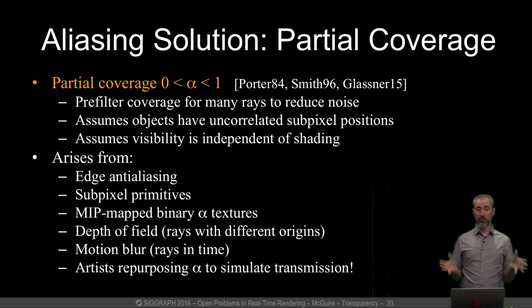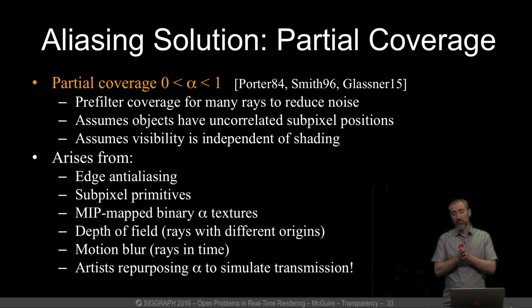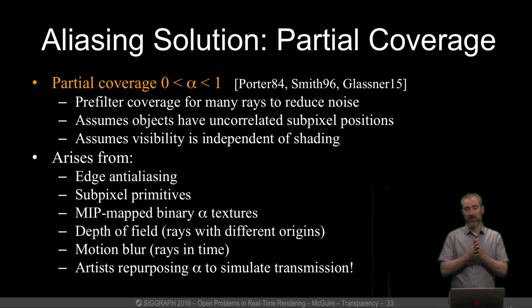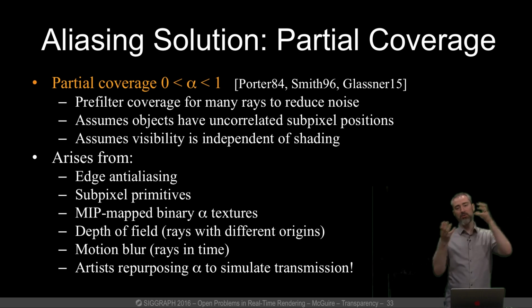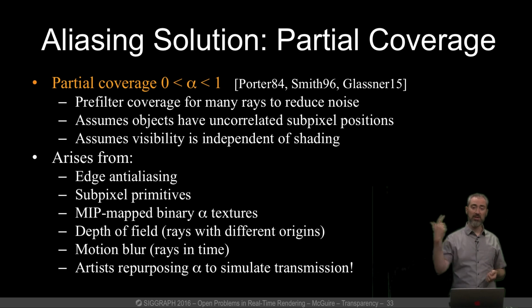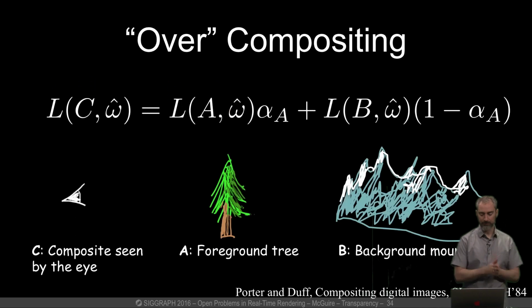And of course, the number one cause of partial coverage in real-time rendering is the fact that in many engines we couldn't afford to give artists a true model of transmission, so the artists faked transmission using partial coverage. These should be separate phenomena, but if all you have is one tool, the artist will use that to approximate glass by what would physically be a thin mesh instead of an actual piece of glass.